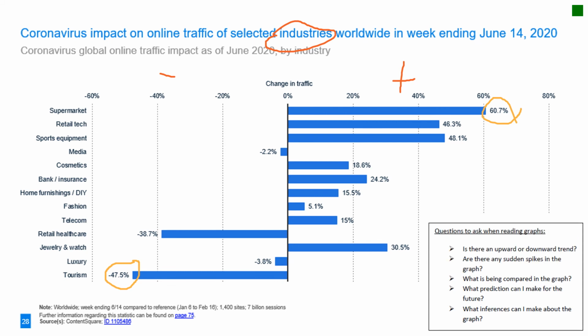Once again, what did I see? I saw the most and I saw the least change. And I could go ahead and take a look at the least amount of change as well. And we're taking a look at here and here. Of course, those are more negative change, but these are the smallest changes. That would make sense when we're taking a look at that traffic kind of from the start of Corona to mid-June.